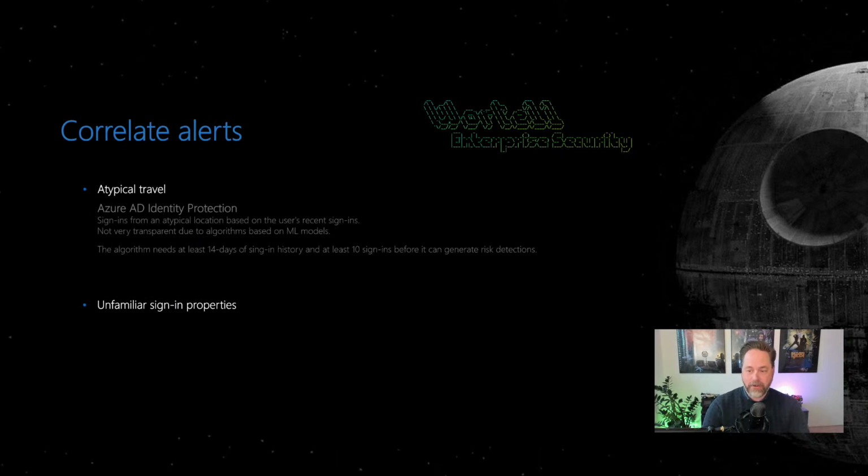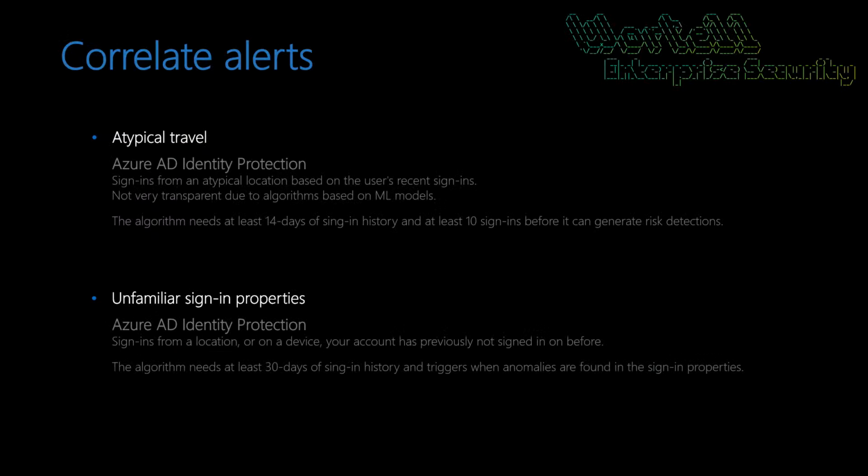And if we take a closer look, the atypical travel is fed by the Azure AD Identity Protection product and the unfamiliar sign-in properties as well. And they look kind of similar, but they are a little bit different. They will trigger based on certain behavior of users and also based on the history of where or how that user typically logs in.